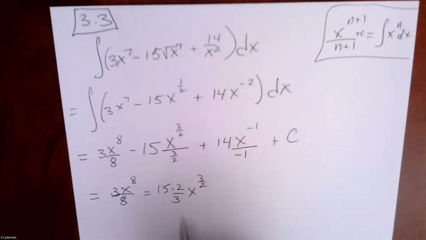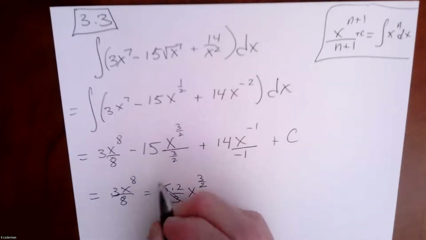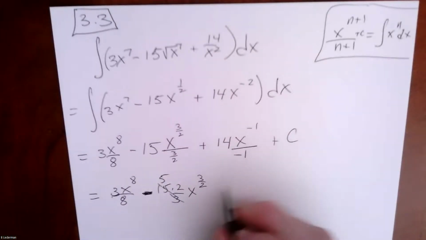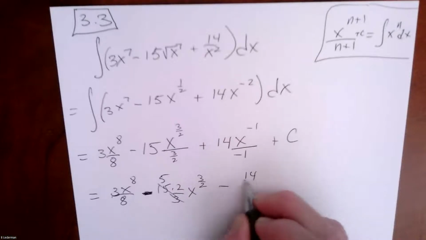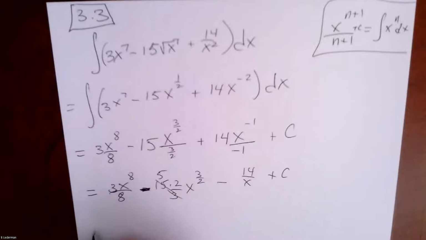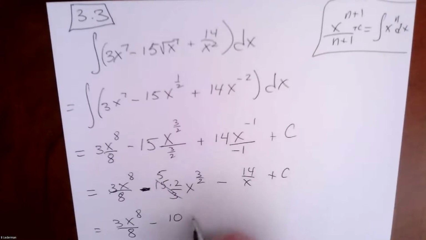I'm going to leave it that way, but the 3 and the 15 cancel, and I get a 5. This is just going to be minus 14 over x plus c. And then just to clean up a tiny bit more, 3x to the 8th over 8 minus 10 x to the 3/2. I'm going to leave it that way.